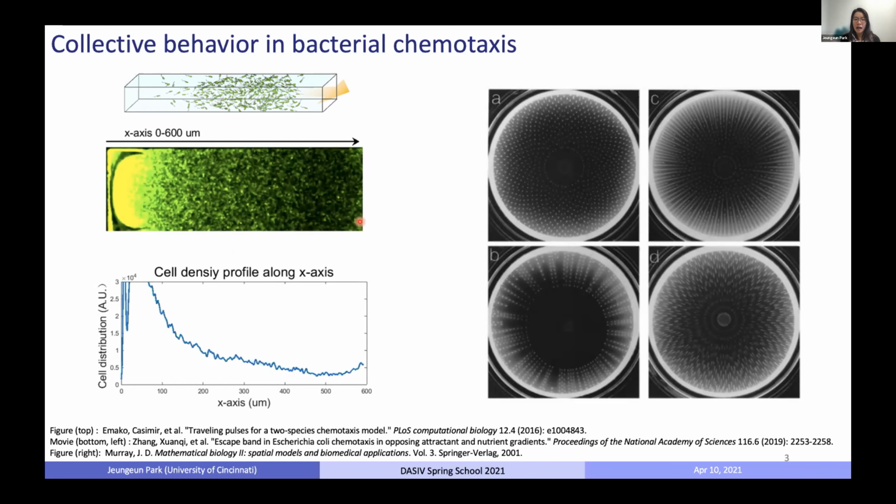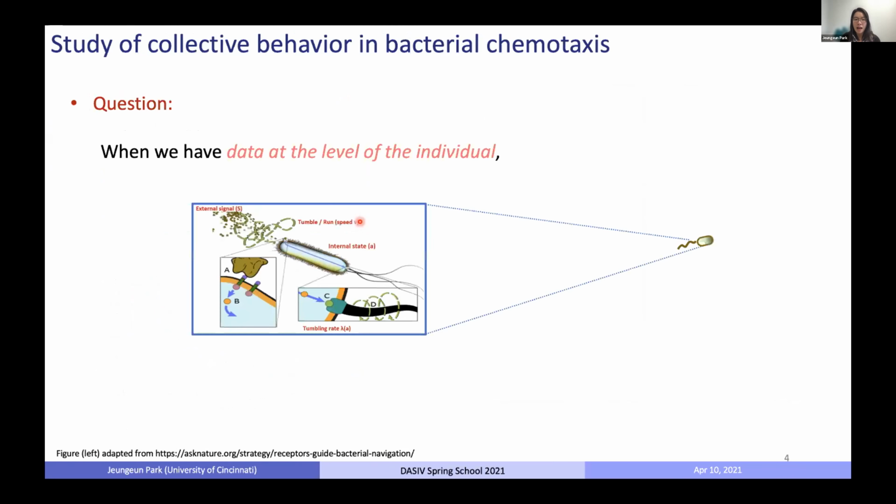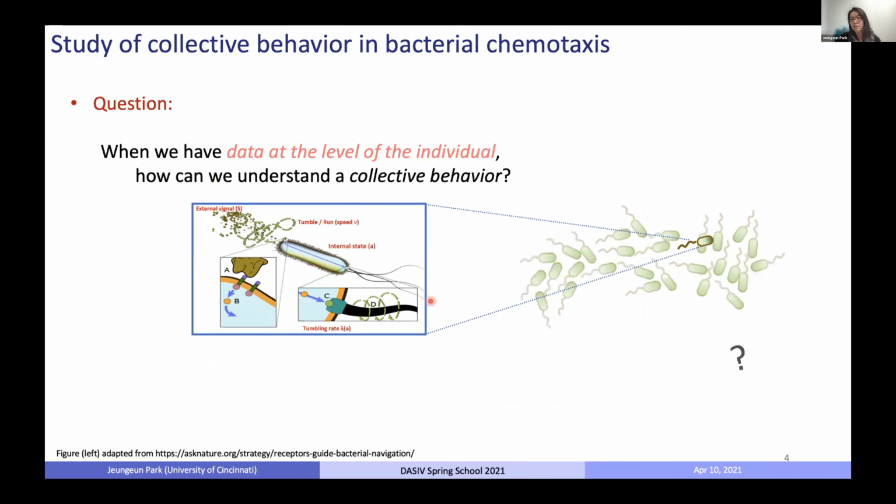So likewise, I'm interested in collective behavior in bacterial chemotaxis, especially one of my research projects is to answer the question: when we have data described at the level of the individual cell, or microscopic data describing individual cells' behavior in response to chemical signal, then how can we understand collective behavior?